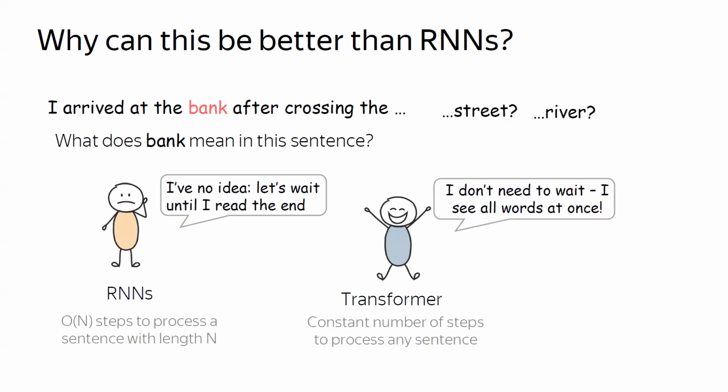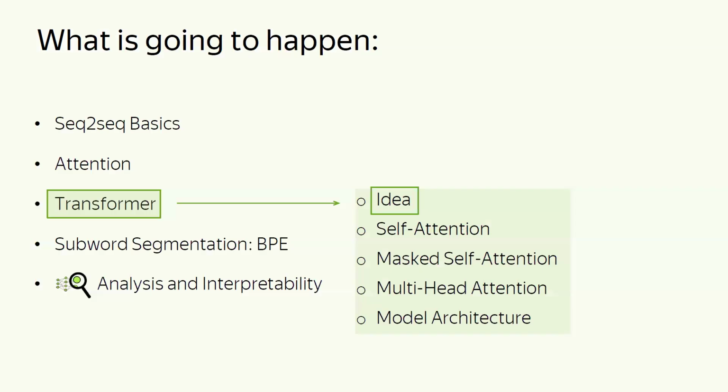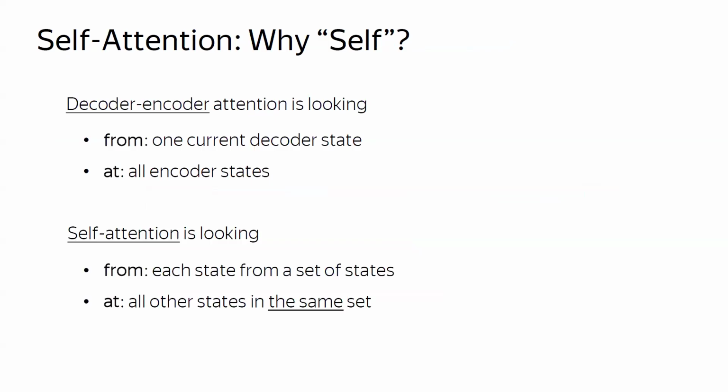In the previous approach, recurrent neural networks, we read just word by word and we don't see the entire sentence. But if we look at all the words, then it's better. And this is the idea of self-attention.